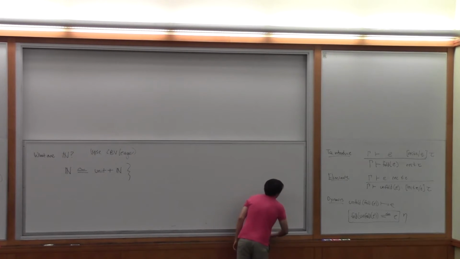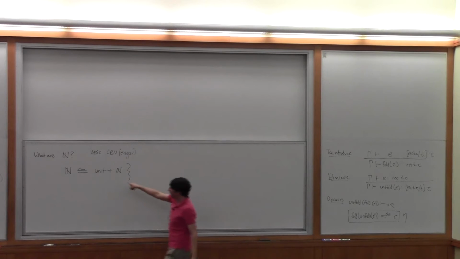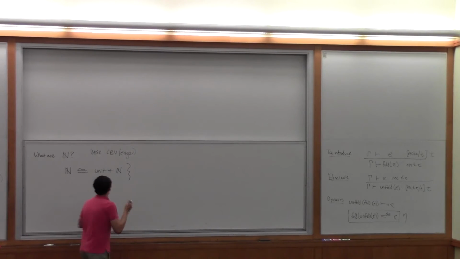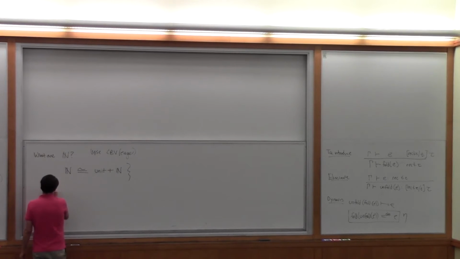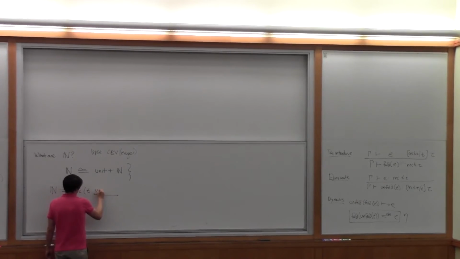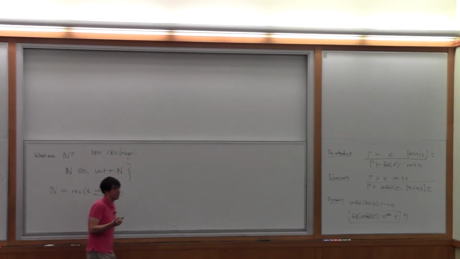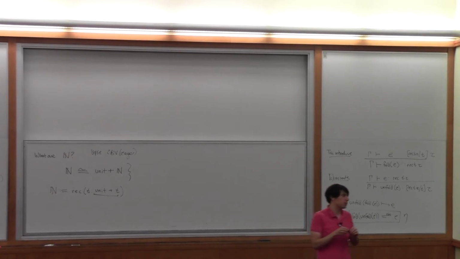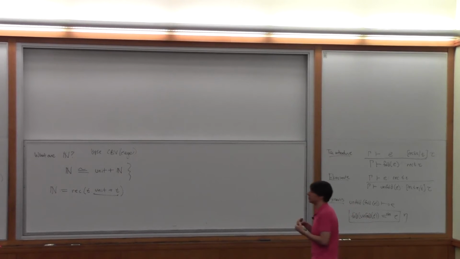Okay, so how do we make nat as a recursive type? Well, we already said what it is, right? Nat is supposed to be defined to be rec t dot unit plus t, right? Because that's our type equation that nat is supposed to be the solution to. It's supposed to be the solution to 1 plus blah.